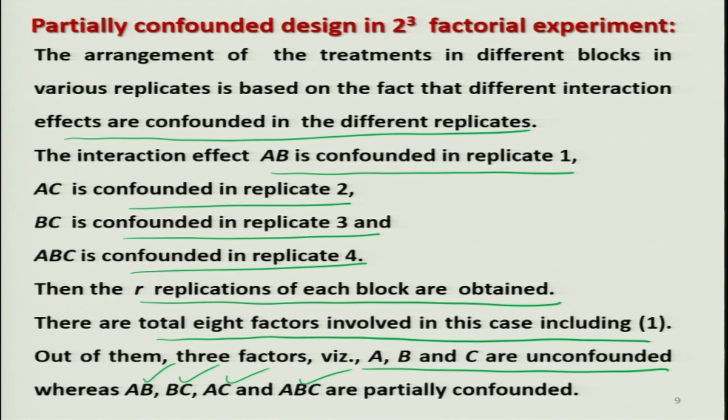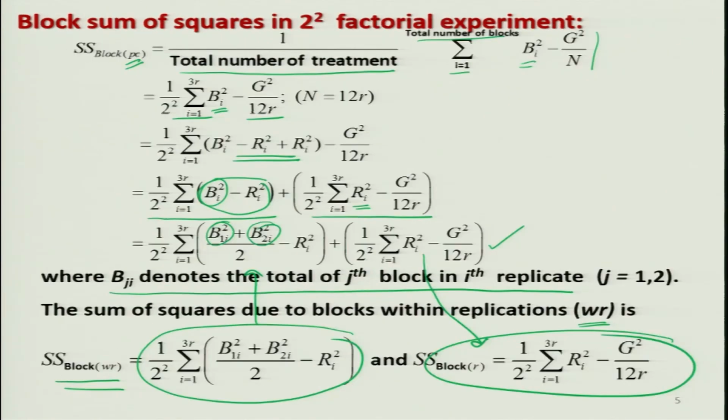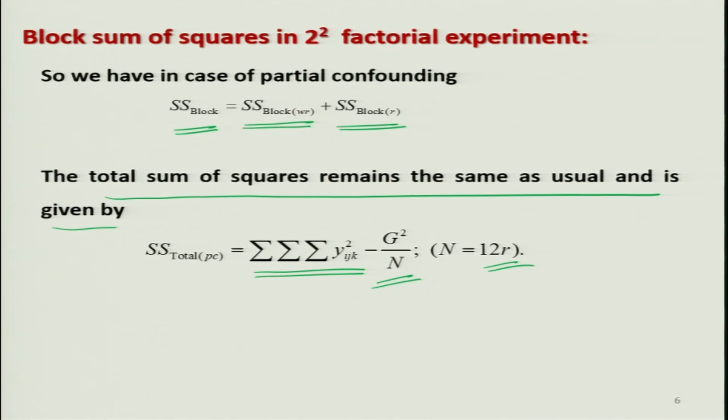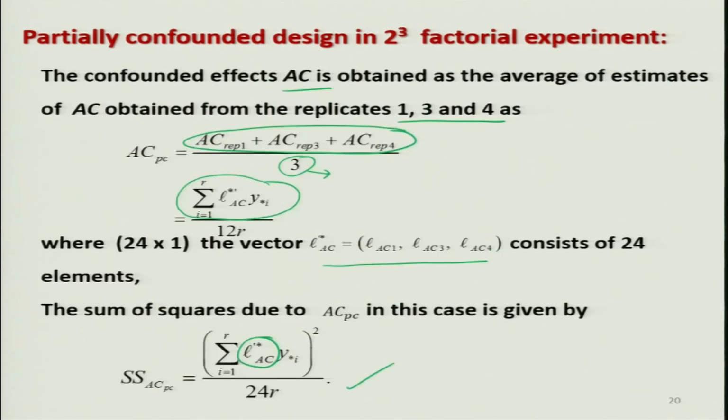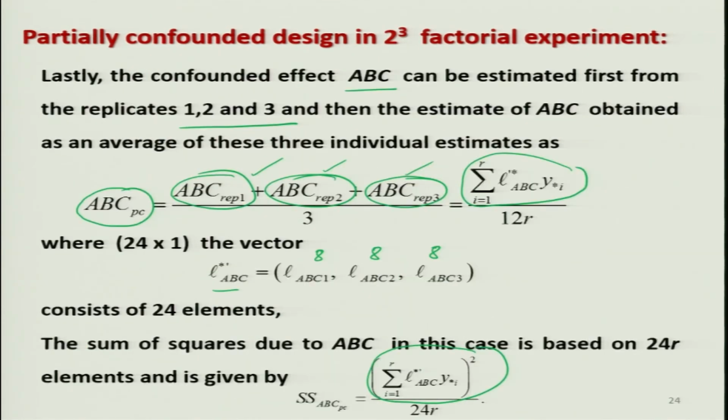So, you do not get confused, and if you try to see here, this is what we have done, right. So, this is the same expression we are going to use here, and earlier we had obtained this expression that the sum of square due to block was divided into sum of square due to block within replicates and due to replicates. So, the same thing we are going to do here also, right.